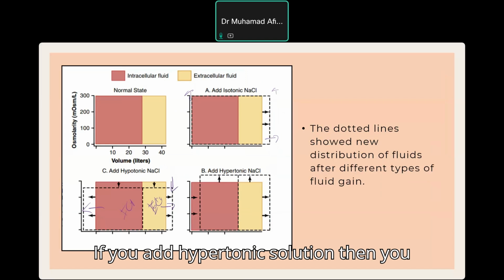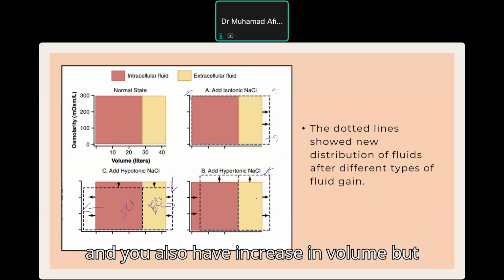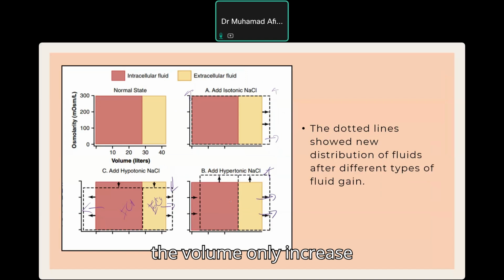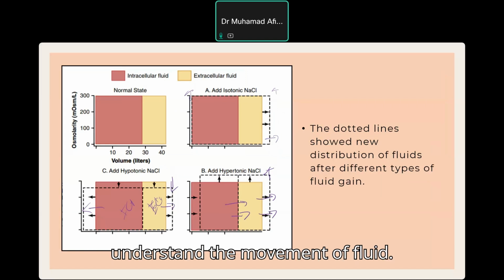If you add hypertonic solution, then you can see there is an increase in your osmolarity. You also have an increase in volume, but the volume only increases in your ECF, because the fluid in ICF will go into ECF, because ECF is hypertonic. So this is how the Darrow-Yannet diagram helps us understand the movement of fluid.